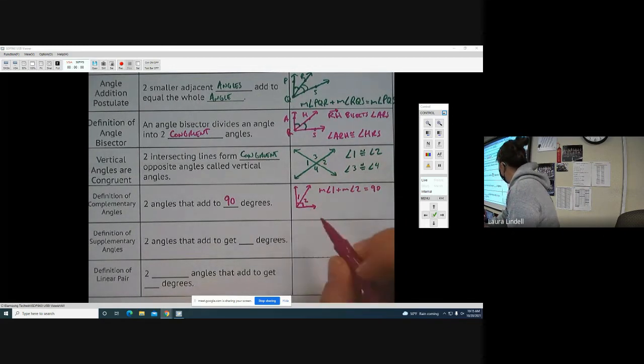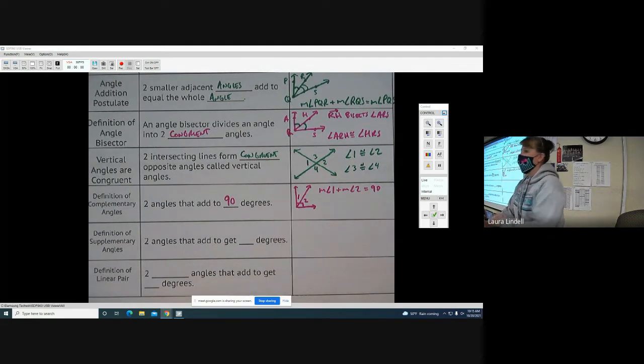They don't have to be adjacent like this, though. They could be non-adjacent, but you're told that they're complementary. That would also be a situation where you could have the angles add to 90. But if you see something like this in a proof, measure of angle 1 plus measure of angle 2 equals 90, your reason for it is going to be definition of complementary angles.